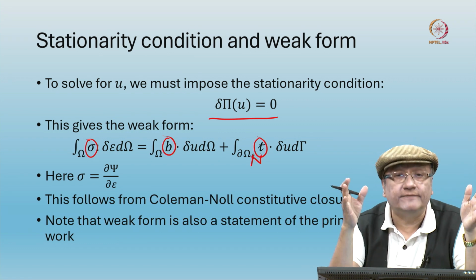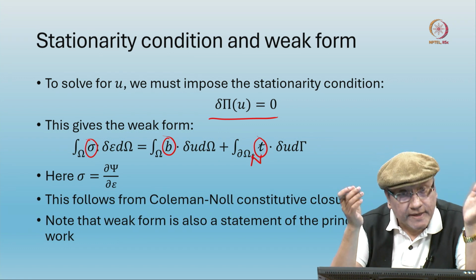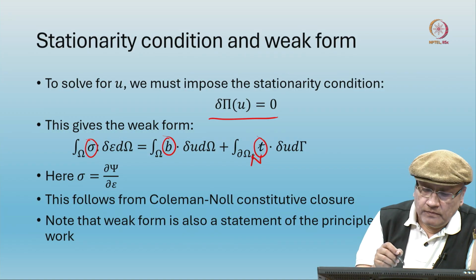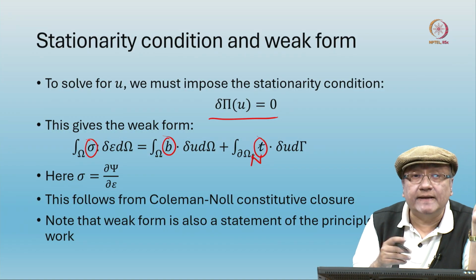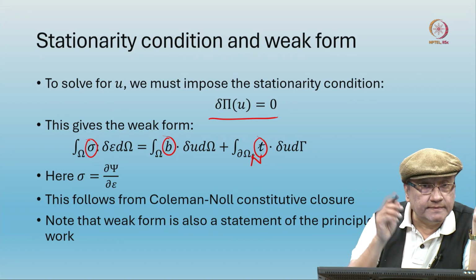That means they are not modified, they are not varied. What is varied is only those parts which are directly functions of u, for example epsilon.